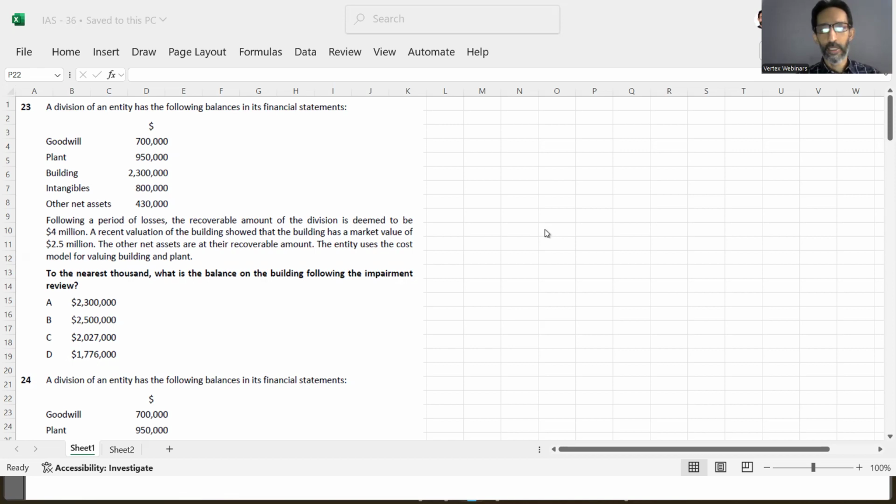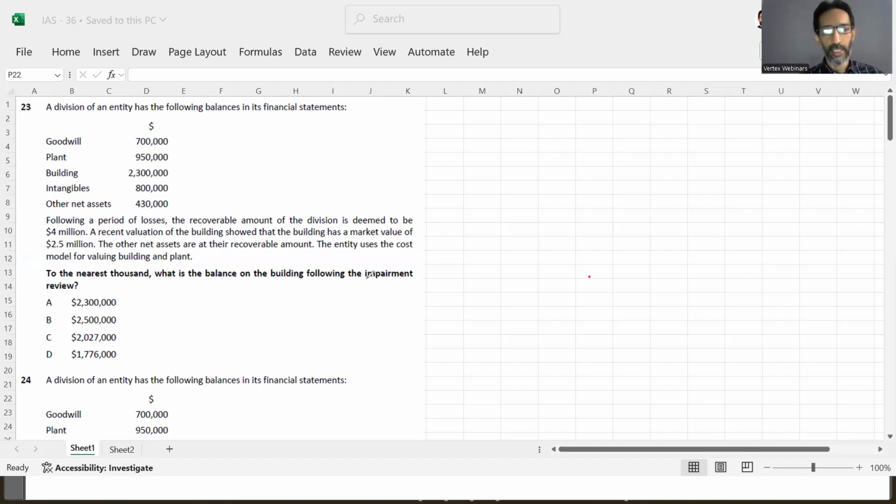So here we go. The first question that we have for IAS 36, let's read and understand. The question is: to the nearest thousand, what is the balance on the building following the impairment review?